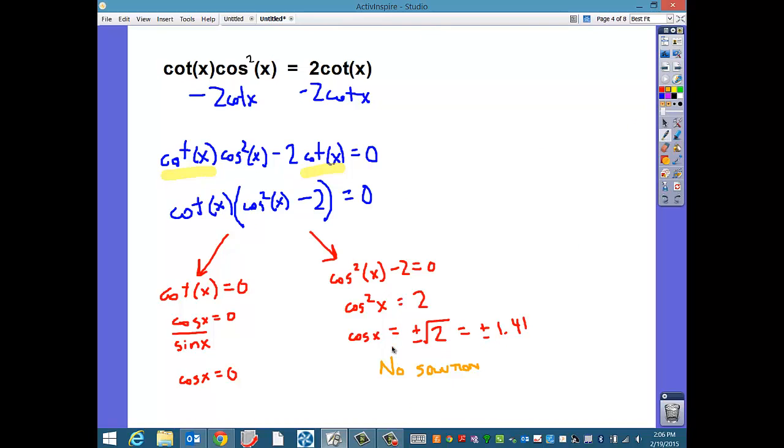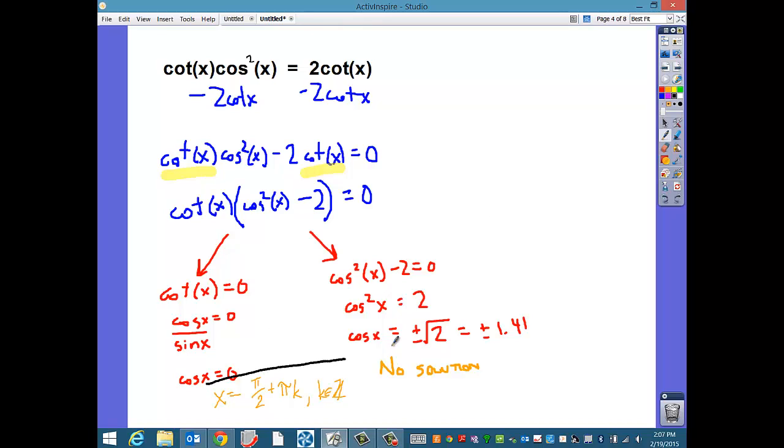I can write down here, x is pi over 2 plus pi k, with k any integer. There it is. Okay. So now this is done.